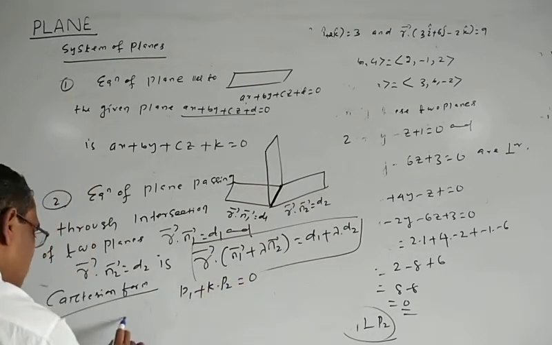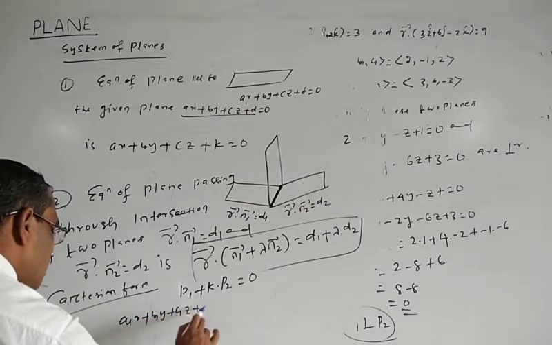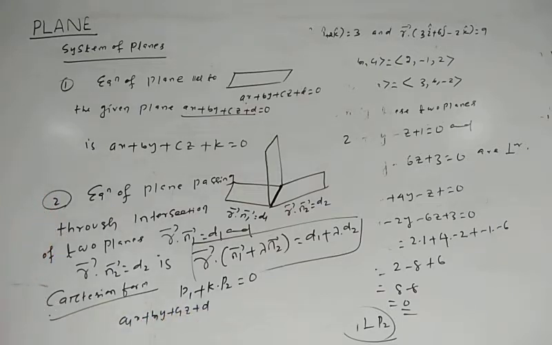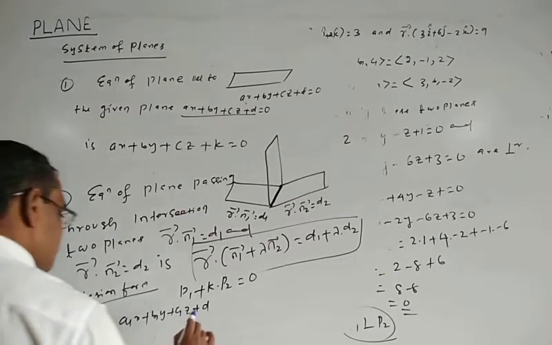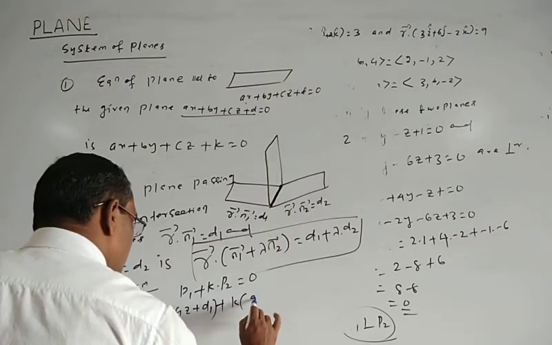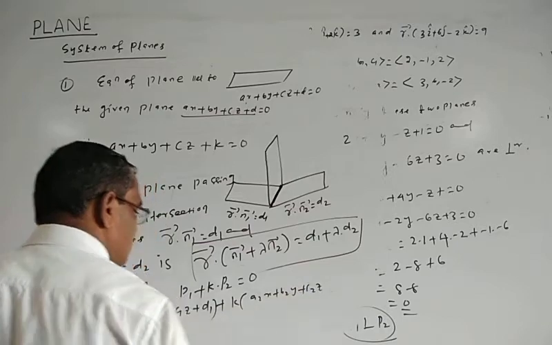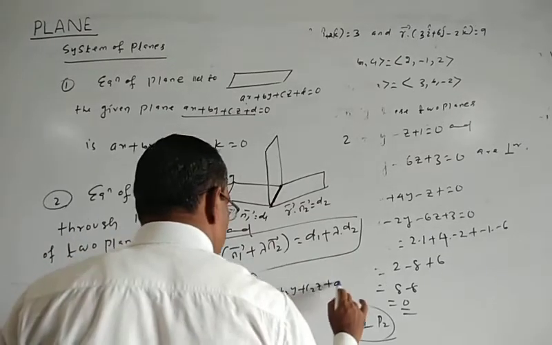That is, A1x plus B1y plus C1z plus D1 plus K into (A2x plus B2y plus C2z plus D2) is equal to 0.